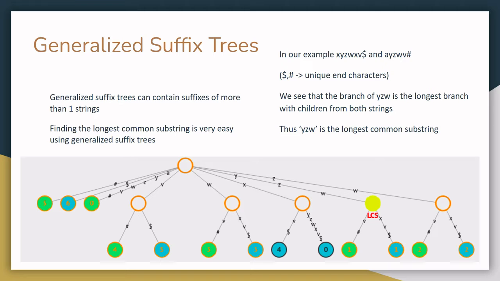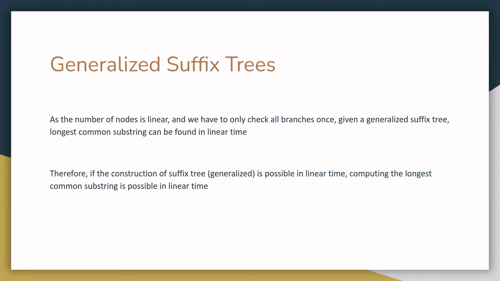So once we get the generalized suffix tree, we can see it is very easy to compute the longest common substring. As the number of nodes in the generalized suffix tree is linear, we only have to check all the branches only once given a generalized suffix tree, and thus longest common substring can be found in linear time.